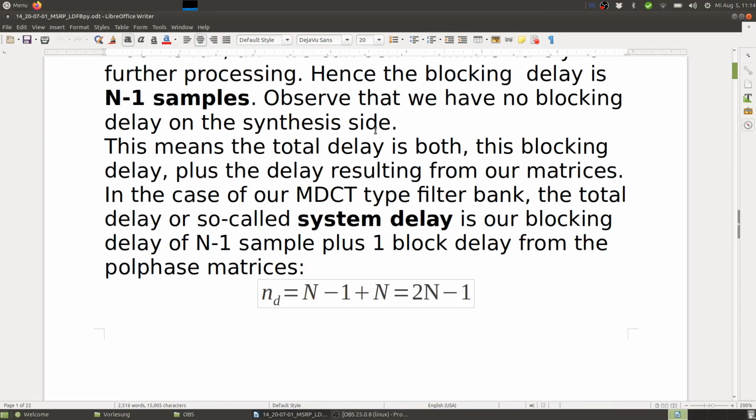This means the total delay is the blocking delay plus the delay resulting from our matrices. In the case of our MDCT type filter bank, the total delay, or so-called system delay, is our blocking delay of N-1 samples plus one block delay from the polyphase matrices. So here's the total, which we call N_D, the system delay, which is N-1 plus N, that is 2N-1.